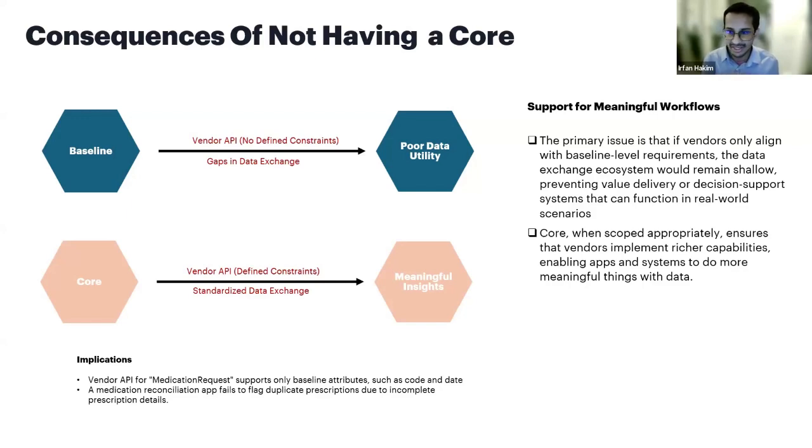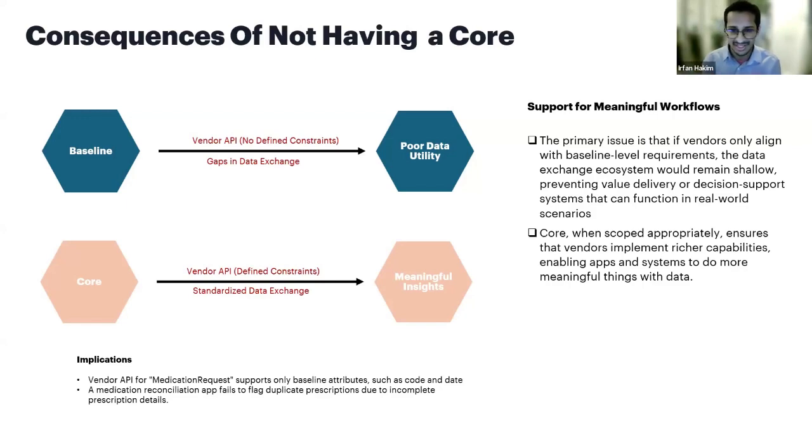But it'll exclude some of the critical elements, such as what the dosage instructions are supposed to be, what information we're supposed to capture around status, or who's requested the medication, that sort of stuff, because baseline is not focused on those reusable use cases, right?